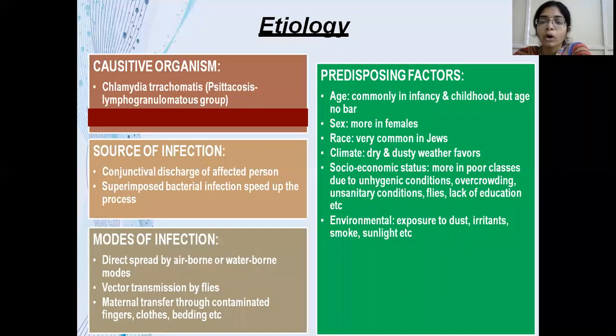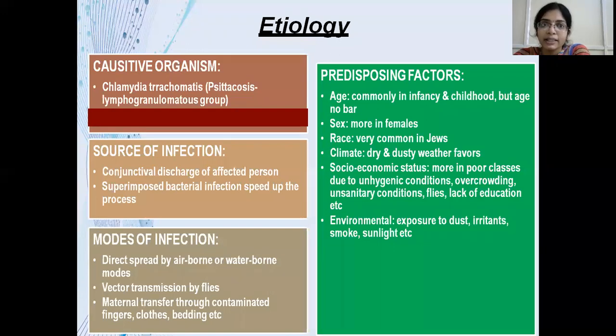Now, what about the common predisposing factors in trachoma? Trachoma can essentially occur in 2 stages. Please remember, the phase of active trachoma as well as a cicatrizing stage or a scarring stage. Active trachoma usually starts in infancy and childhood, but it can affect any age.